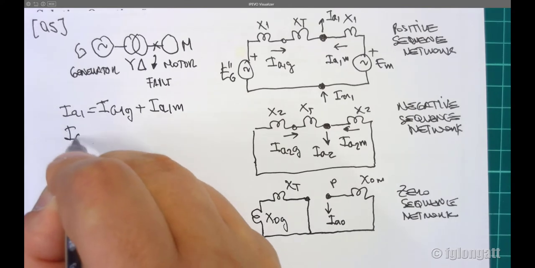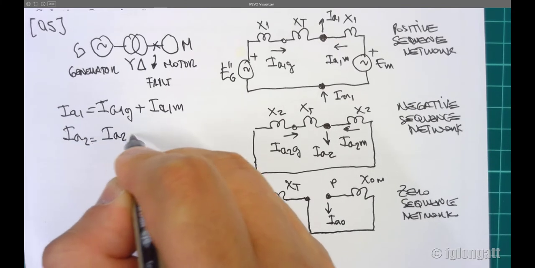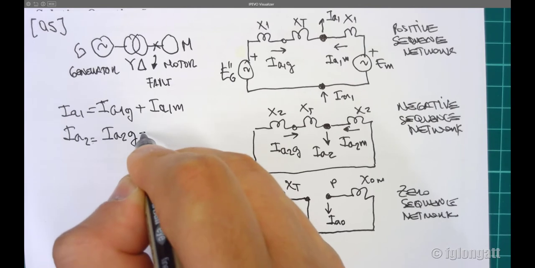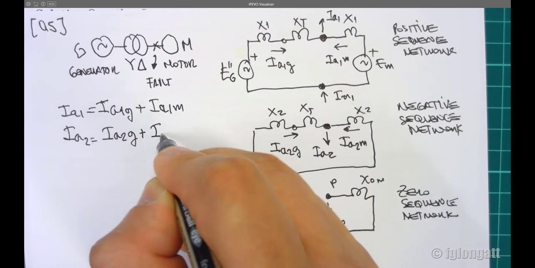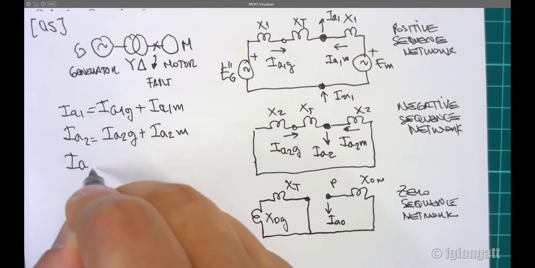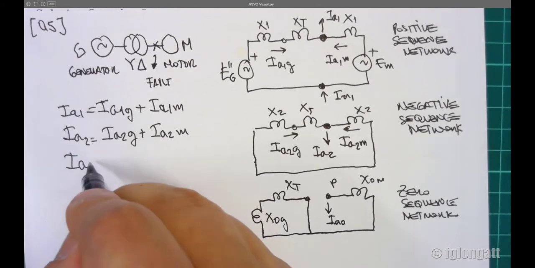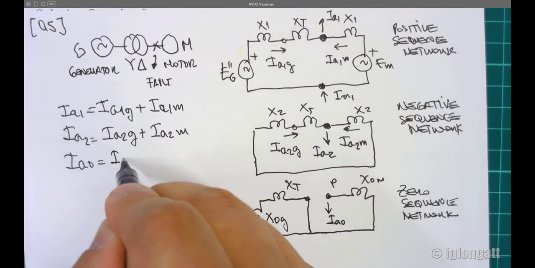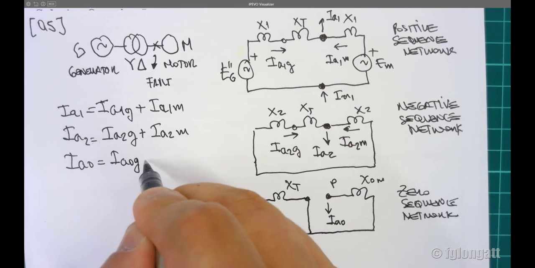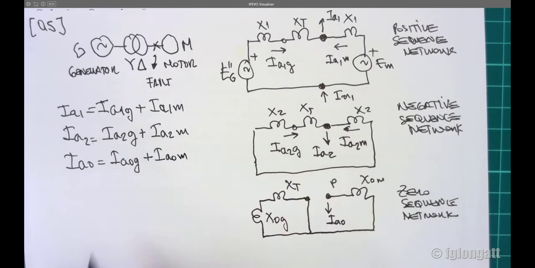In the negative sequence, the same happens: negative sequence contribution coming from the generator, negative sequence contribution coming from the motor, and it's the same for the zero sequence. We have here the zero sequence component coming from the generator plus the zero sequence component coming from the motor. Okay.